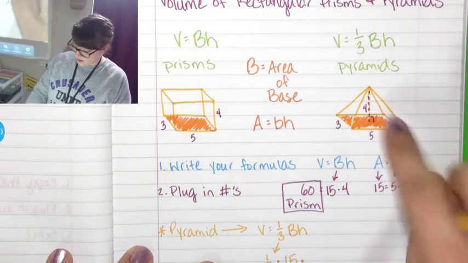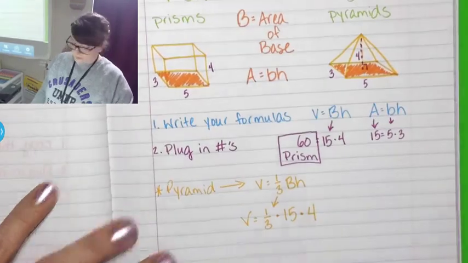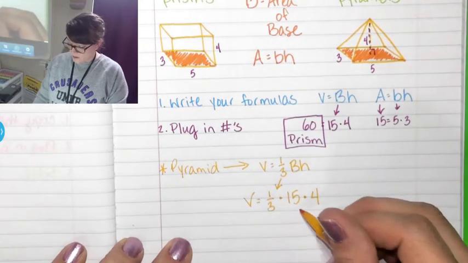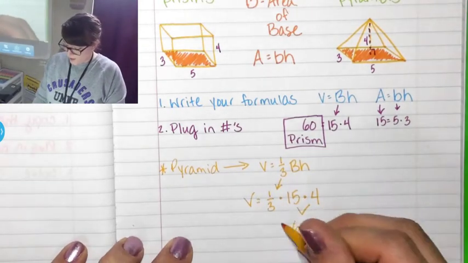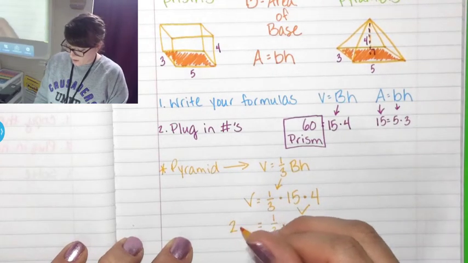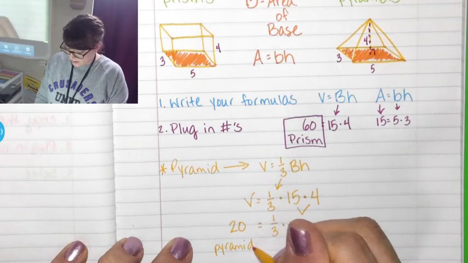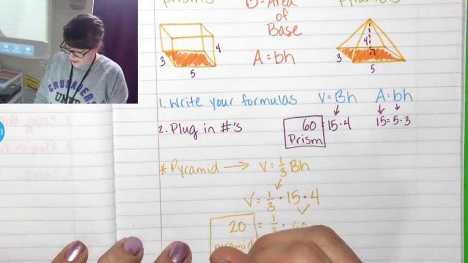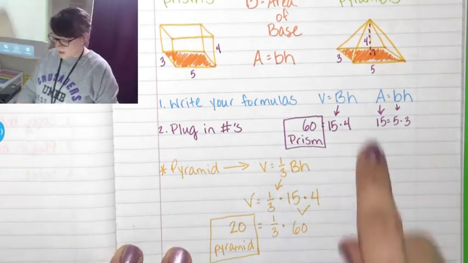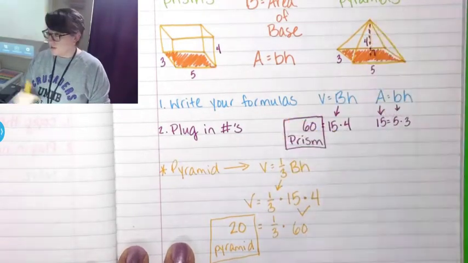And the height was still 4. 15 times 4 was how much? 60. And what's 1/3 of 60? So the volume of the pyramid is 20. So you do all the same steps as the prism, except you divide it by 3. So we still ended up doing 5 times 3 times 4 divided by 3.